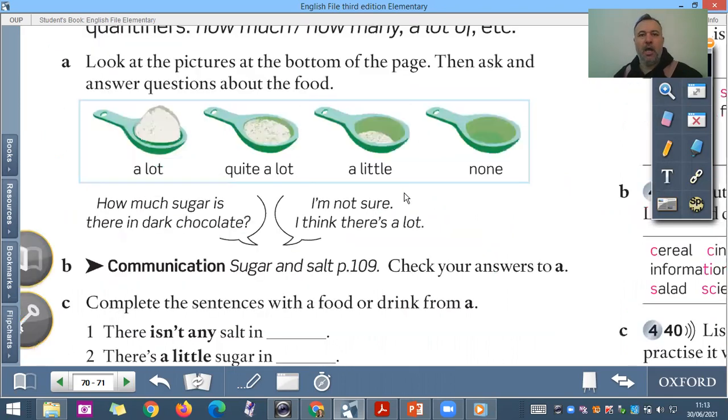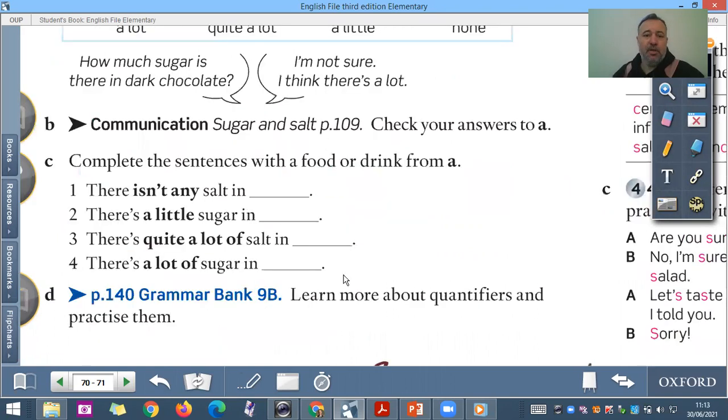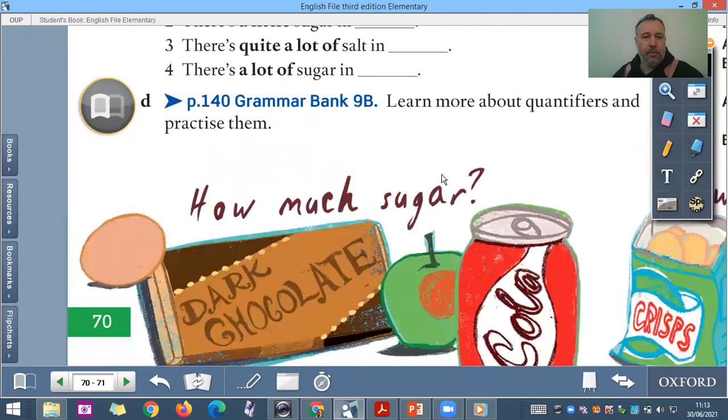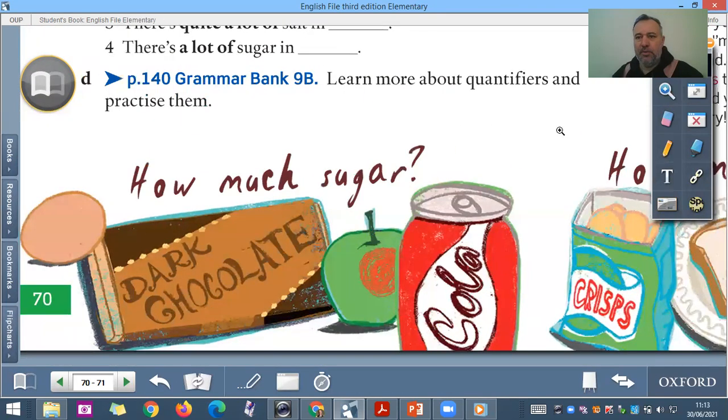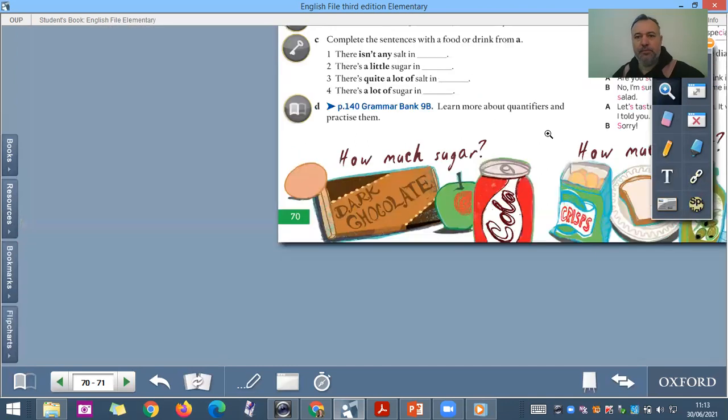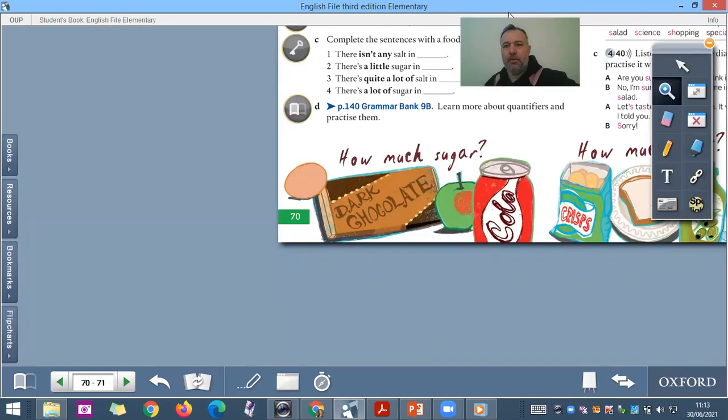Now, this is a dialogue model. Look, one is asking the question, and the other is answering. So how much sugar is there in dark chocolate? I'm not sure. I think there's a lot. So these are the pictures. Let me make this a little smaller for you to see. Okay.